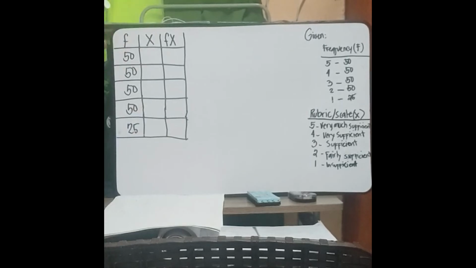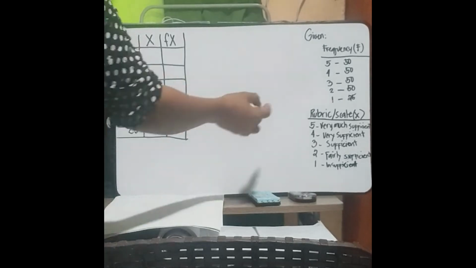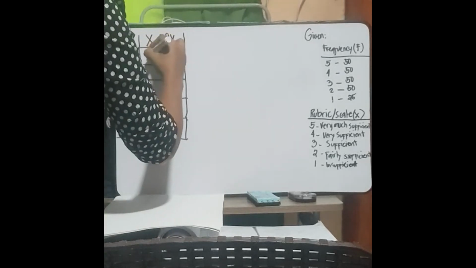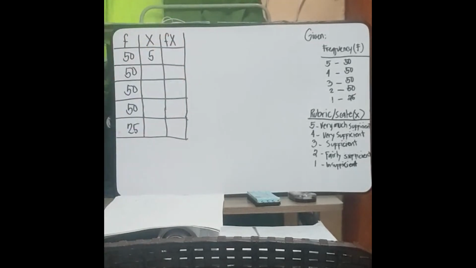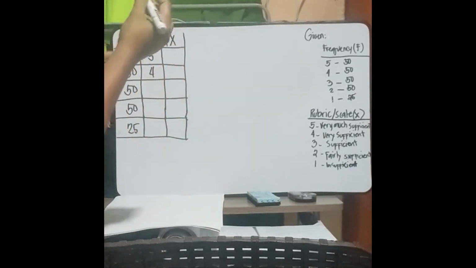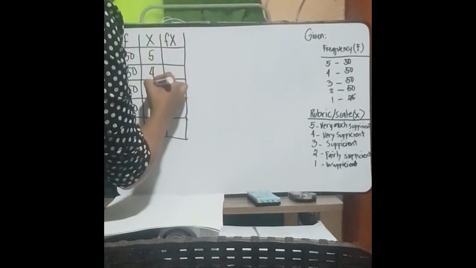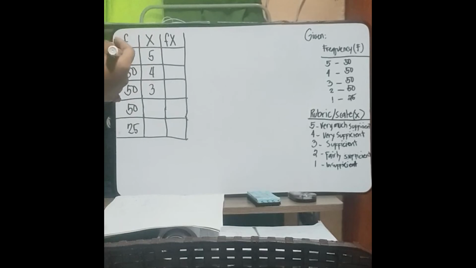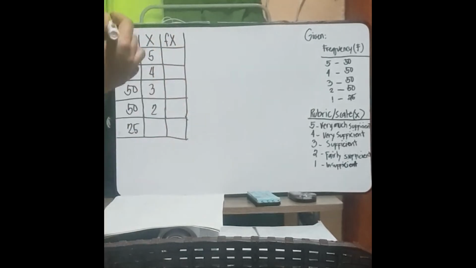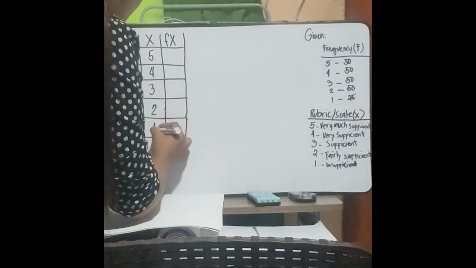Alright, so our frequency, or weight rather, so we have X sub 1, 5. X sub 2, we have 4. X sub 3, we have 3. X sub 4, we have 2. So X sub 5, we have 1.